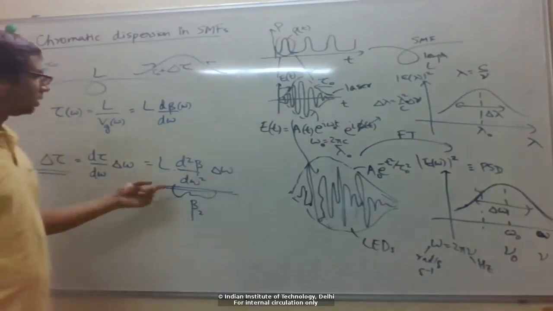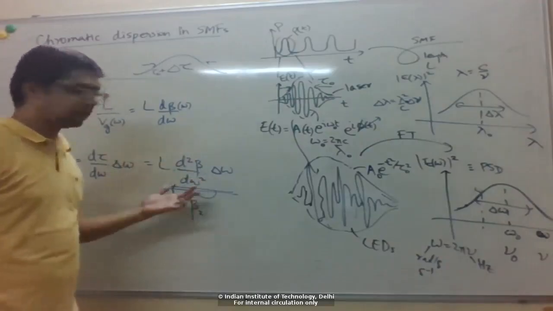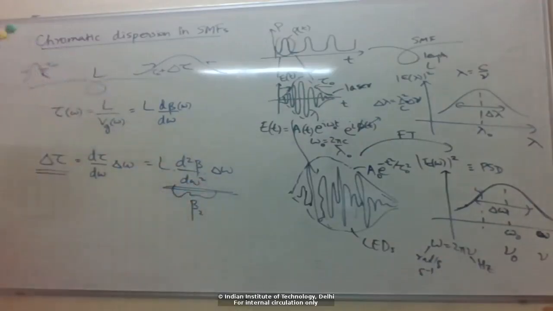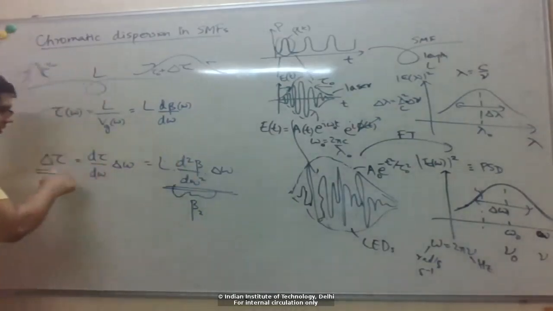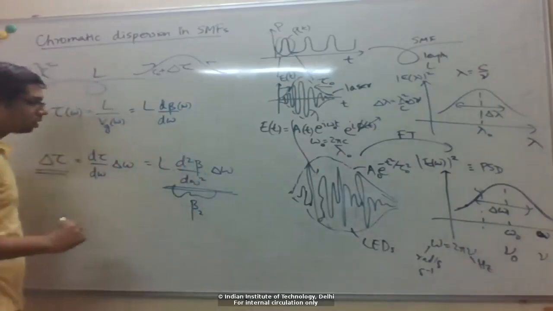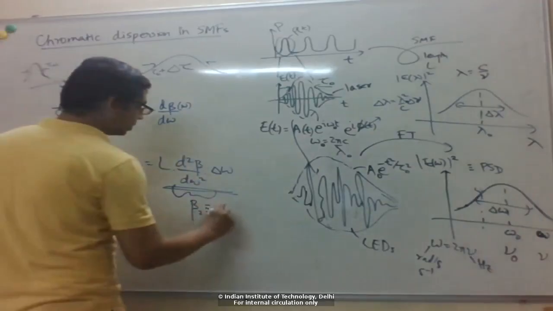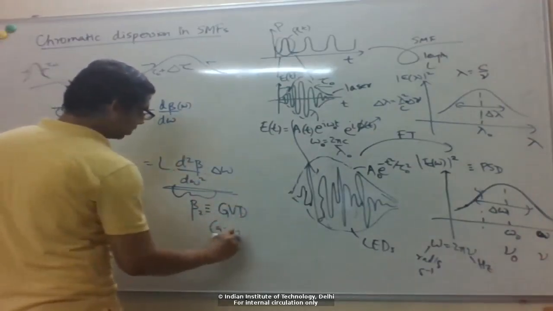Right? So in general, the nth derivative of beta with respect to omega would be denoted as beta sub n. That in general is known as nth order dispersion. But here, you can see our concern is with the second order. Okay, so that's denoted as beta 2, and it's known as GVD, group velocity dispersion.